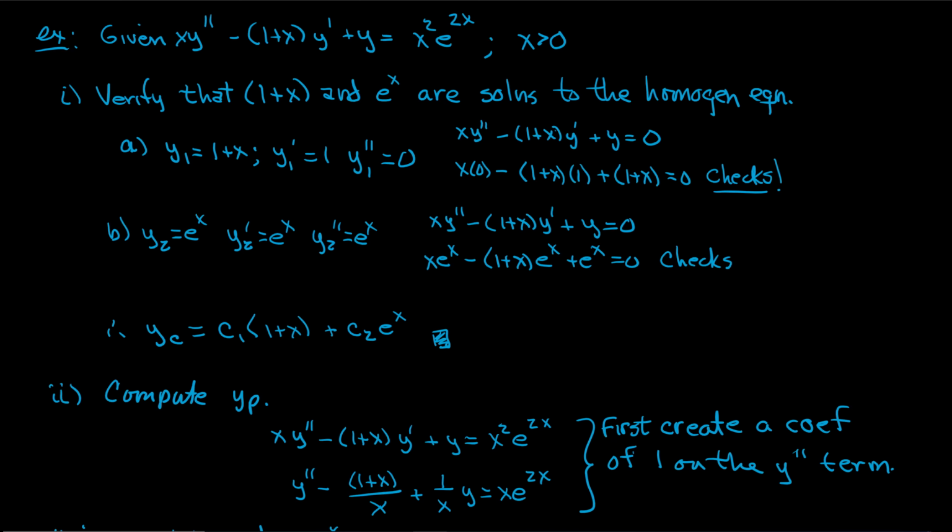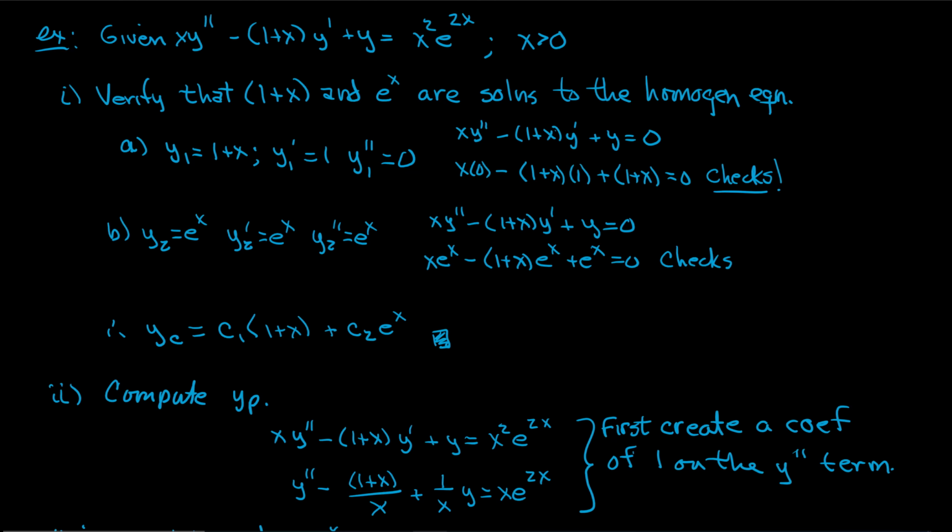Okay, so let's see here. Let's first start with y1 equals 1 plus x. Easy enough to compute the derivative. The derivative is 1, and the second derivative is 0.